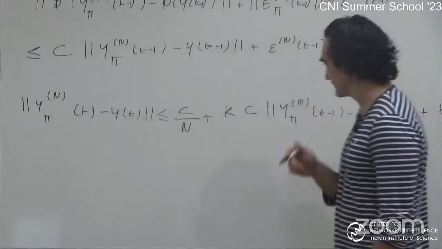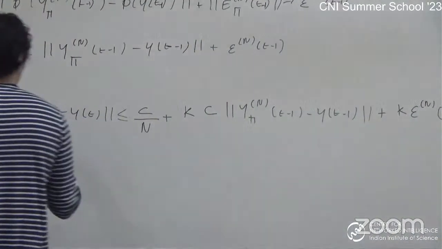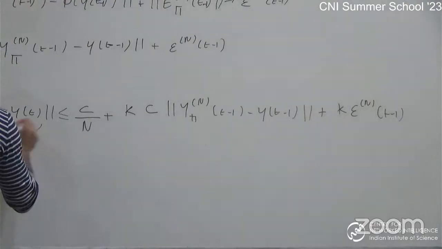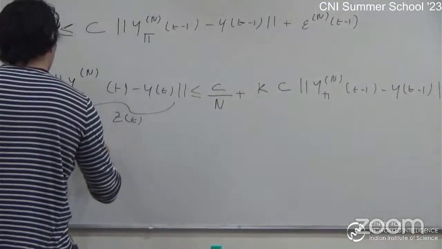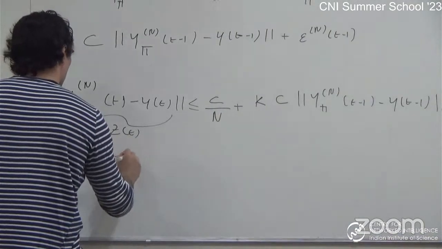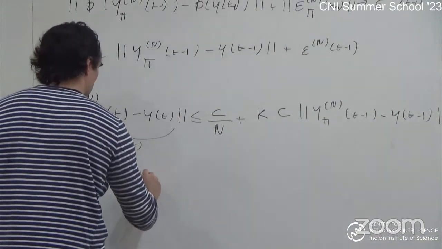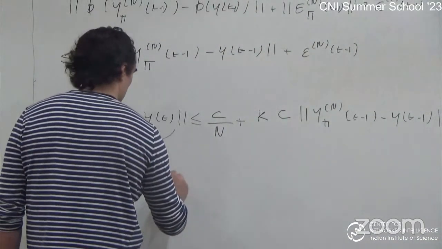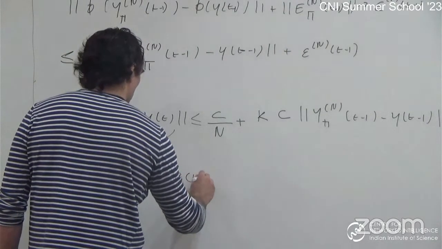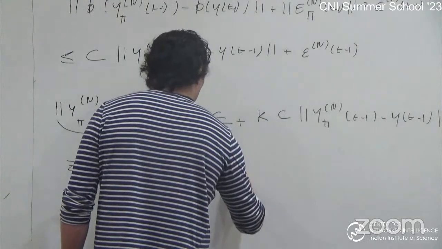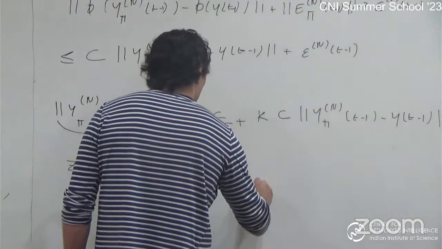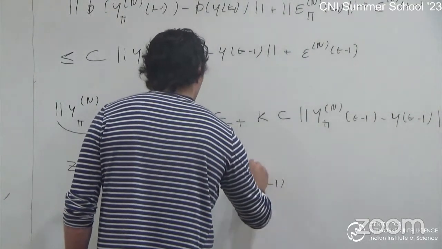I can even write it down, if I call that z of t, as z of t smaller or equal to z plus K z of t minus 1 plus K multiplied by epsilon of t minus 1.